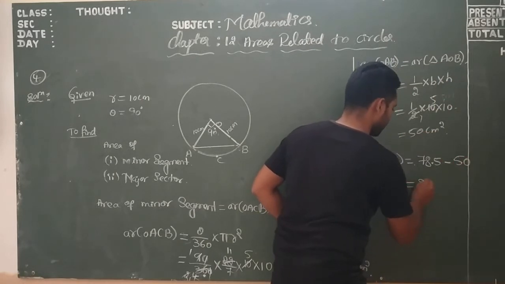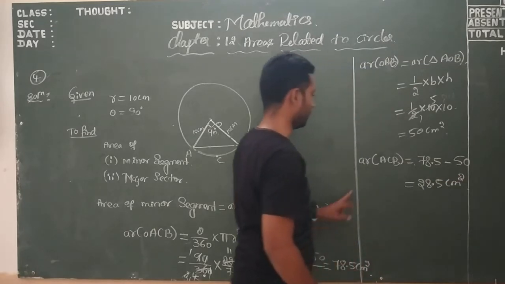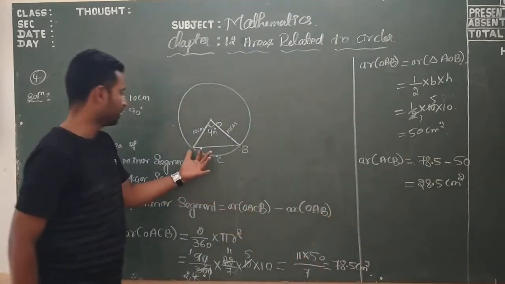So it becomes 28.5 centimeter square. This is the area of the minor segment.